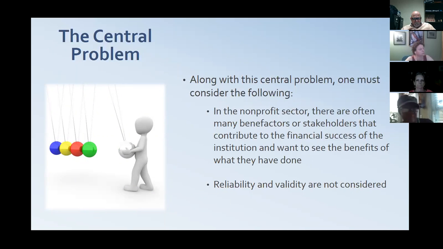This is what I really want us to talk about, and feel free if you want to at this point in time, Rusty or Hazim or anyone for that matter. In the nonprofit sector, there are often many benefactors or stakeholders that contribute to the financial success of the institution and want to see the benefits of what they have done.